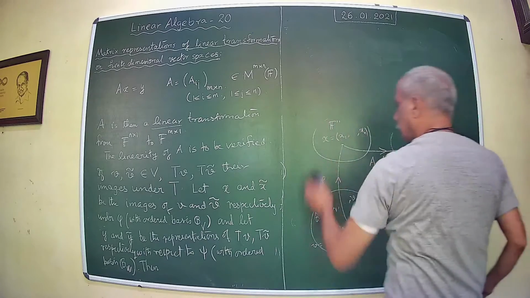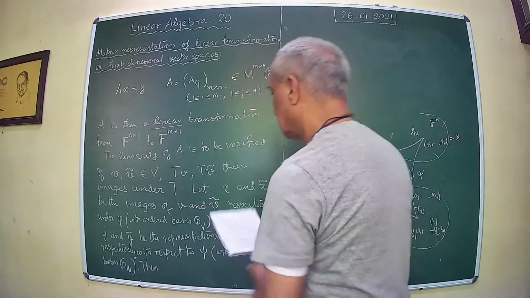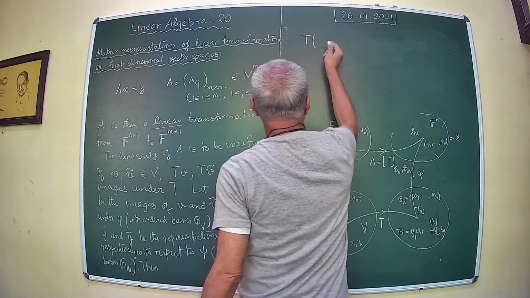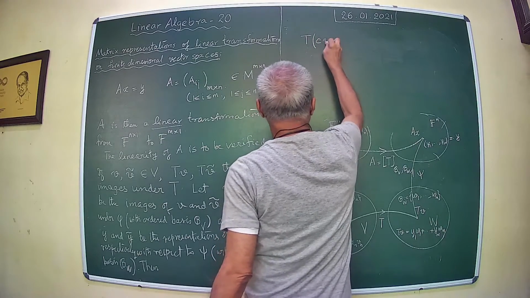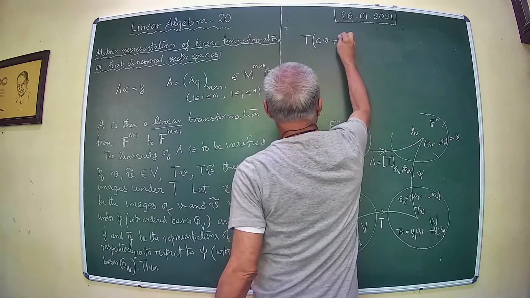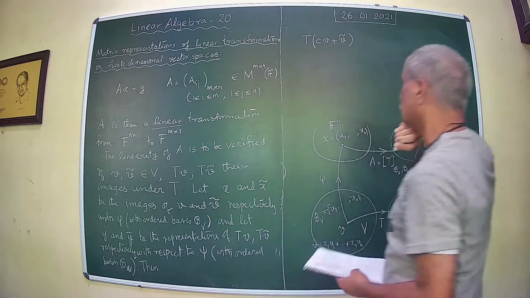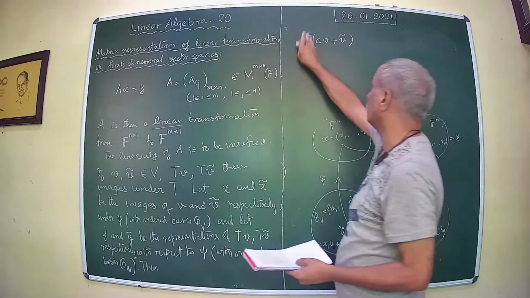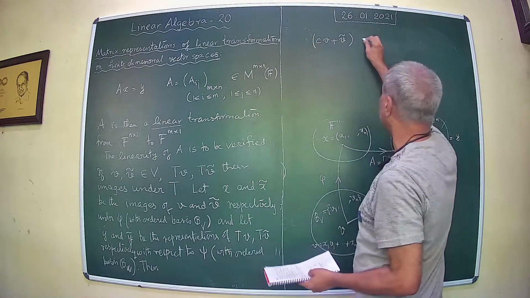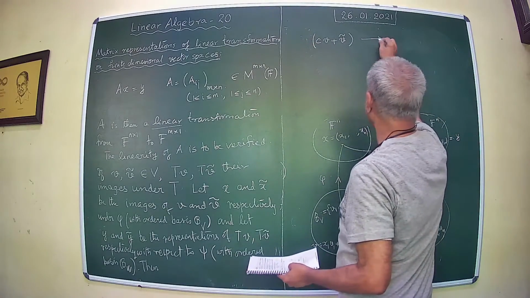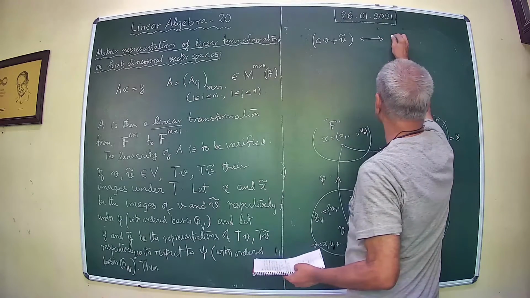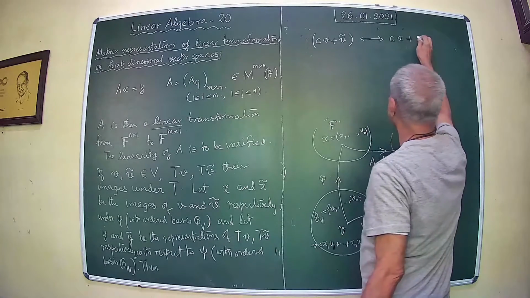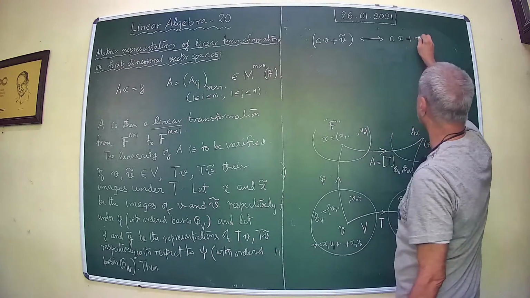the picture that emerges is this: T is linear, T of c v plus v tilde. c v plus v tilde is represented by, is identified with c x plus x tilde.